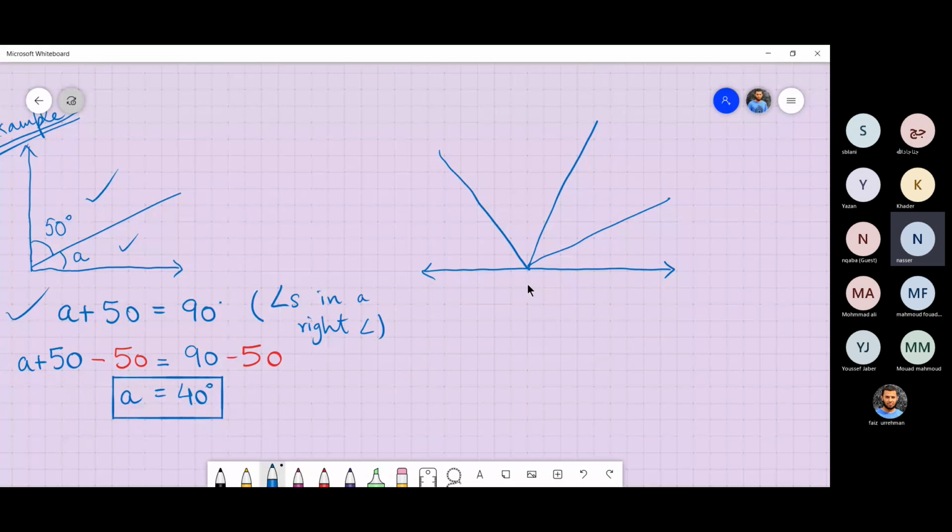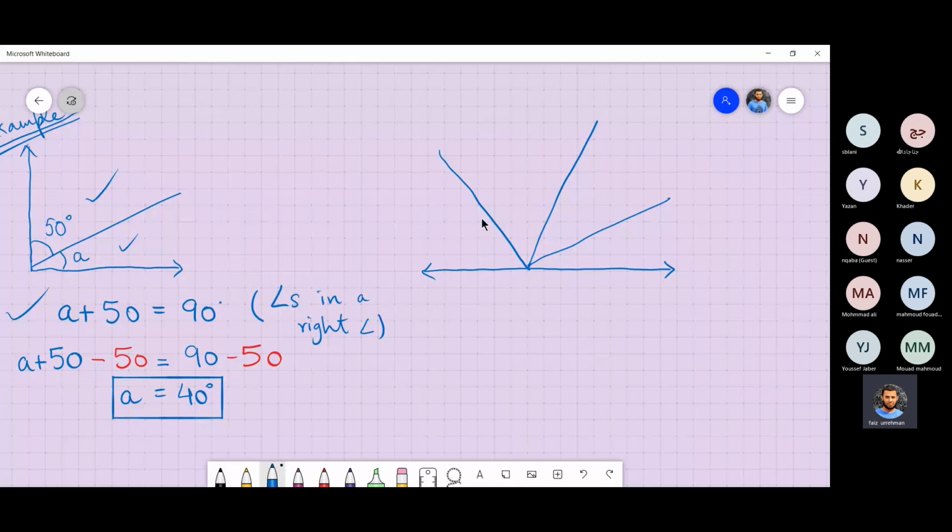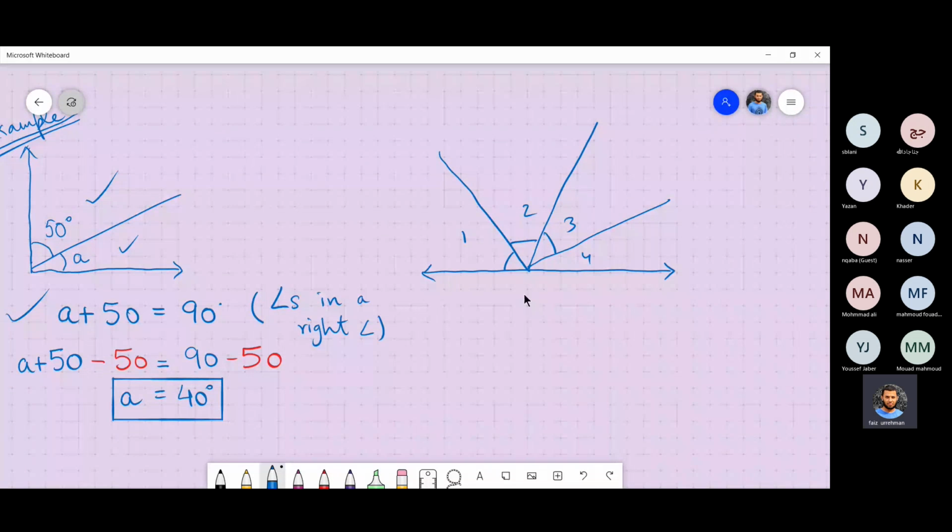Not 3. 5, sir. 4, mister. 4. Above the line, I am saying above the line. 4, mister. 1, 2, 3, 4. Right? Yes.